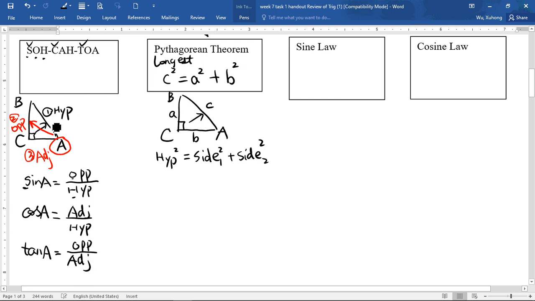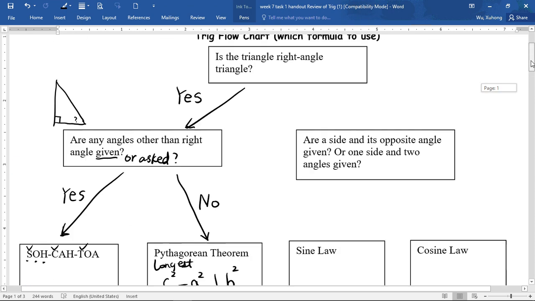This is for a right angle triangle when one angle is given or you are looking for an angle, use SOH-CAH-TOA. If no angles are involved in a right angle triangle, then you could use the Pythagorean theorem. So that is for the right angle triangle.